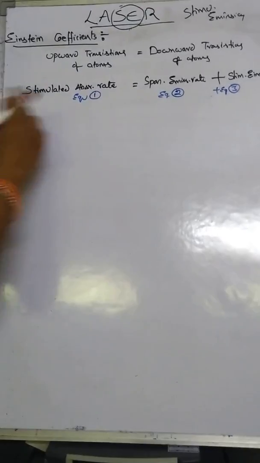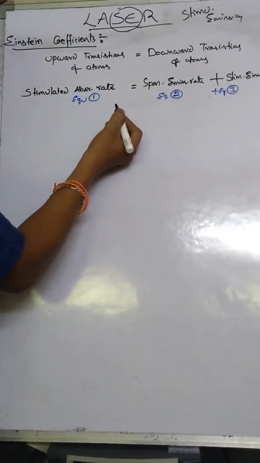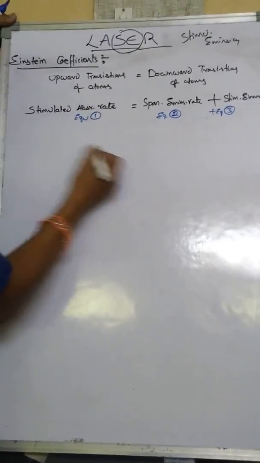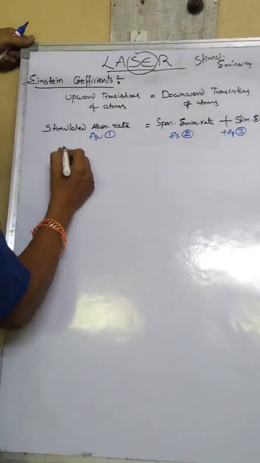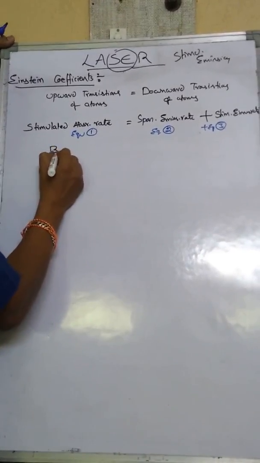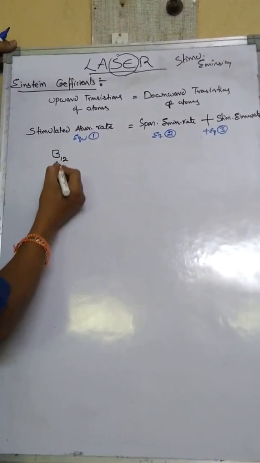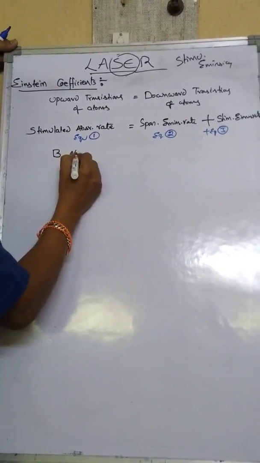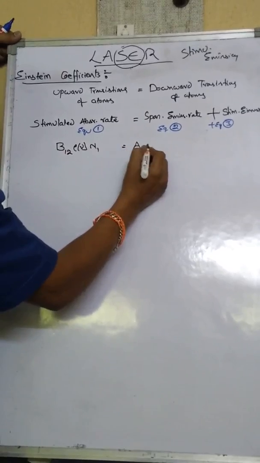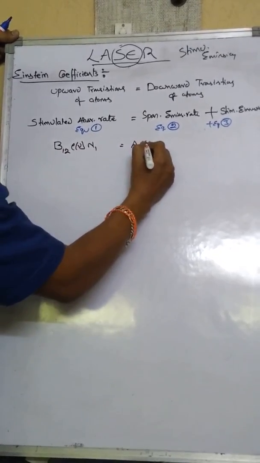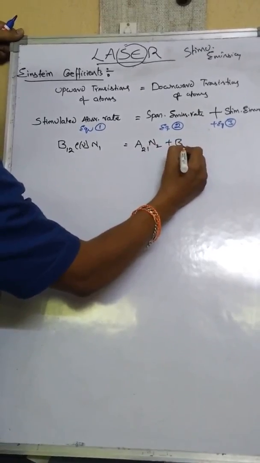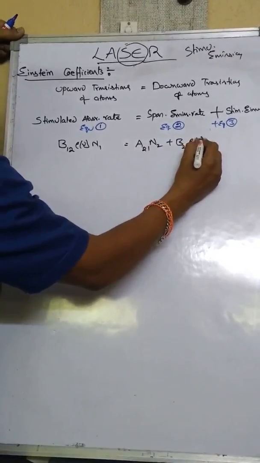So what is this equation 1? You just scroll back in my video a little, and if you look, the stimulated absorption rate is B12 rho nu N1, equal to spontaneous emission A21 N2 plus B21 rho nu N2.